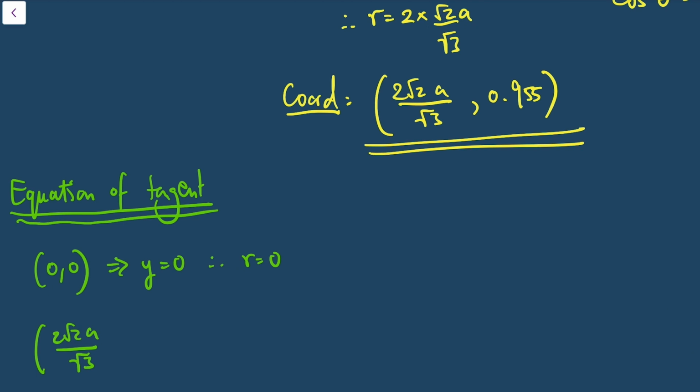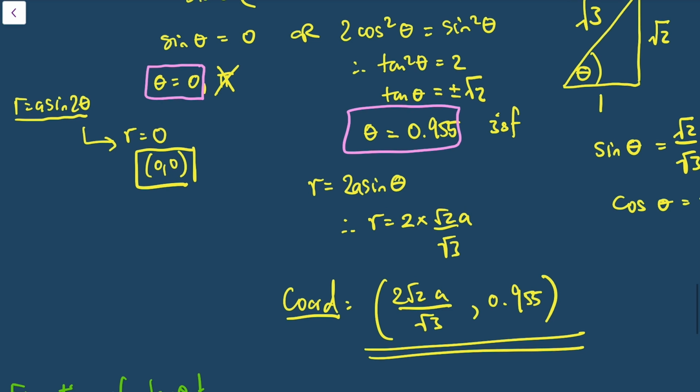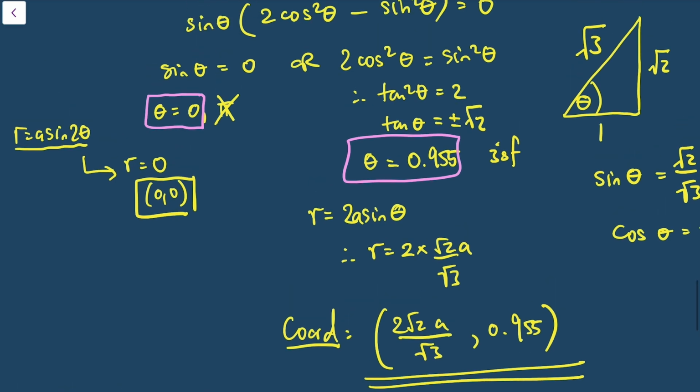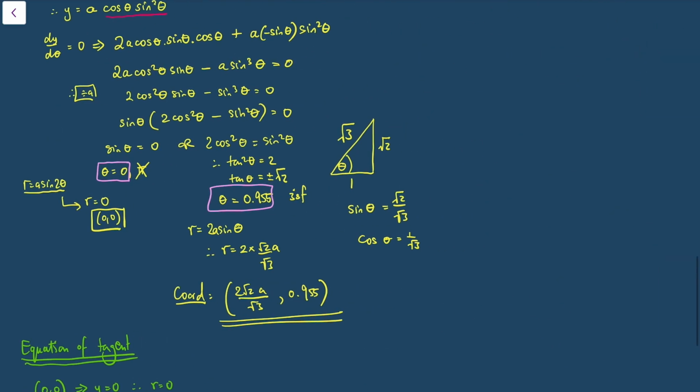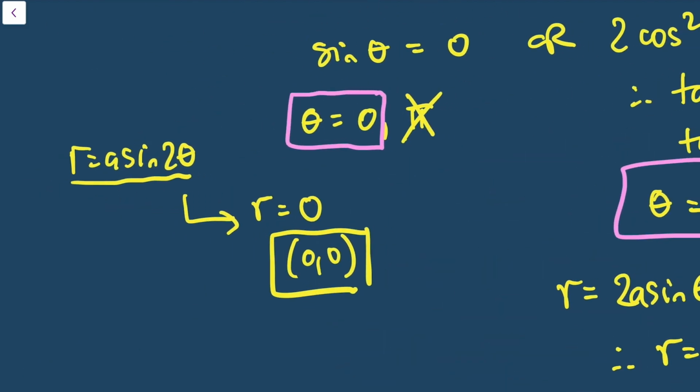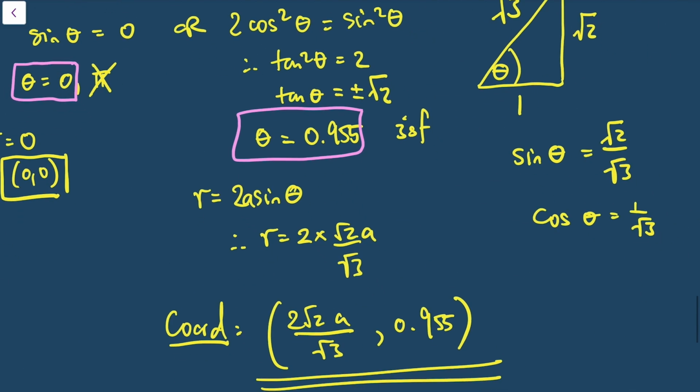For the coordinates 2 root 2a over root 3, I just have to have a look here. I feel like I might have missed something. Yes, r is a sine 2 theta, not 2a sine theta. So therefore r is a times 2 sine theta cos theta.